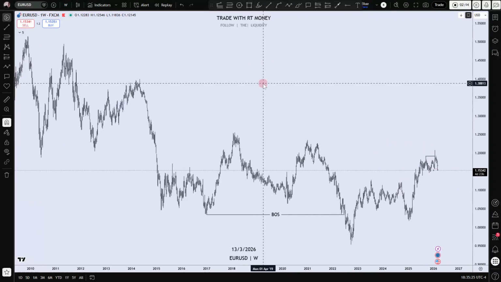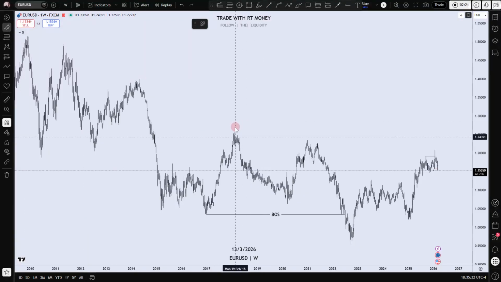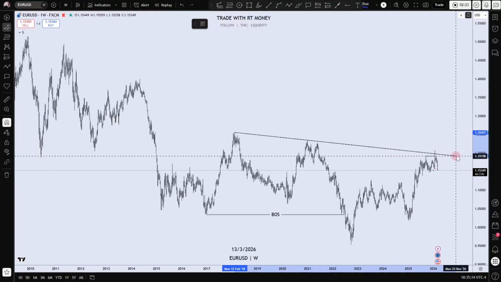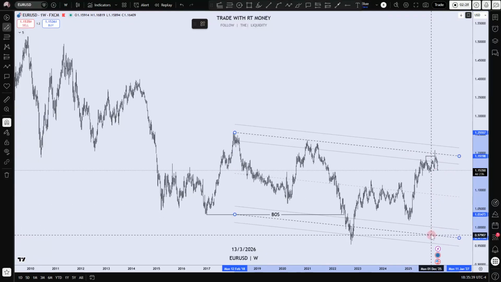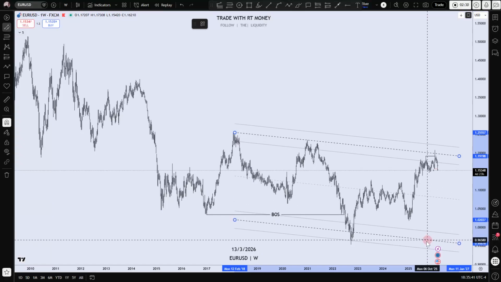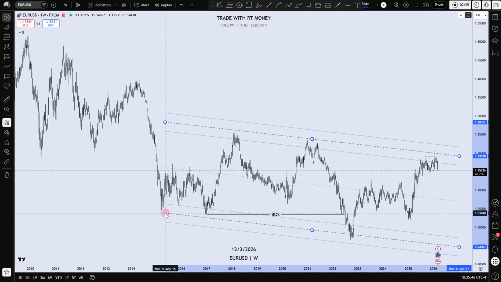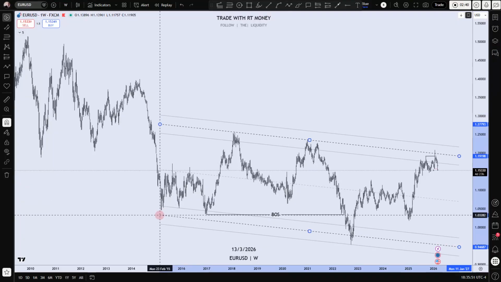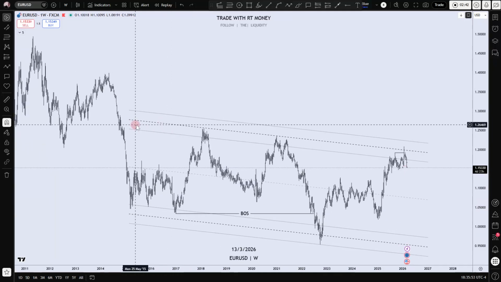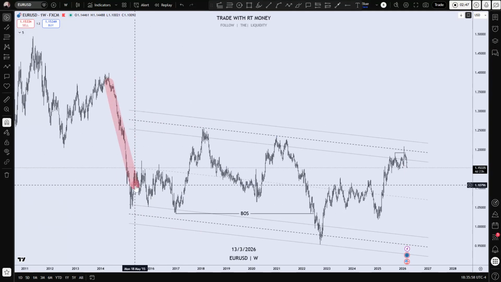What I want to do is put this in a channel. And what we'll see is the market is in a descending channel here. Let me stretch this back, and you can see that it's holding pretty good with the lower lows here.